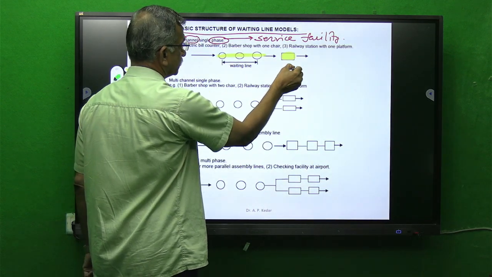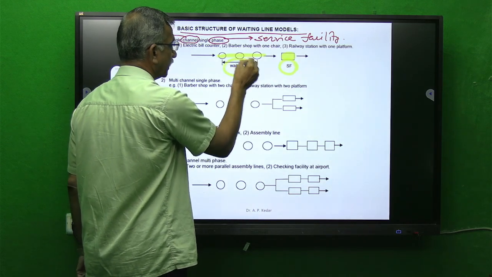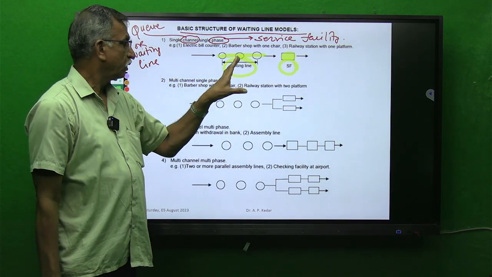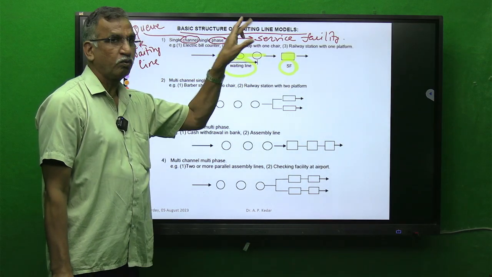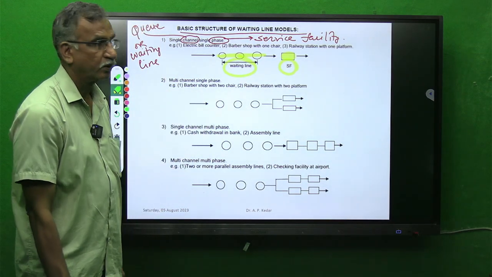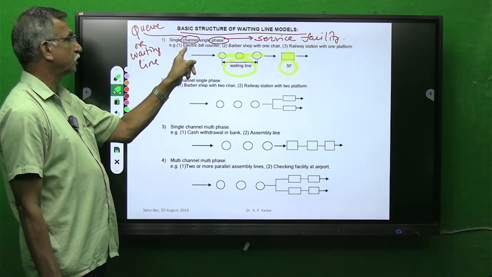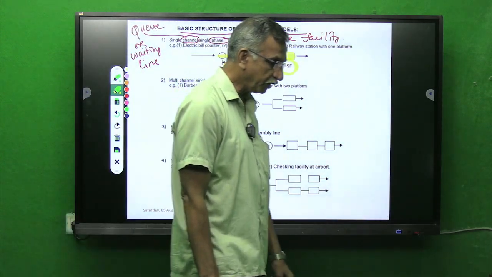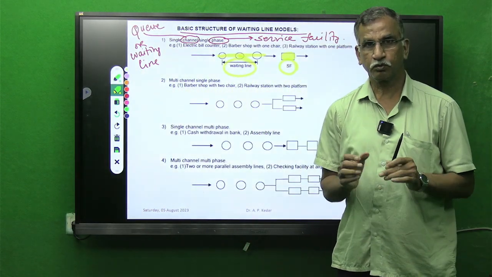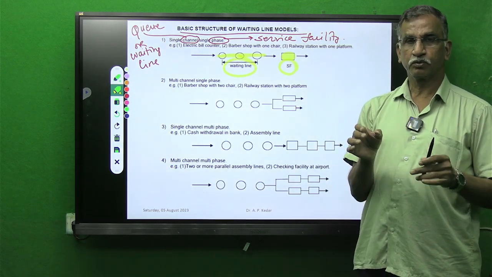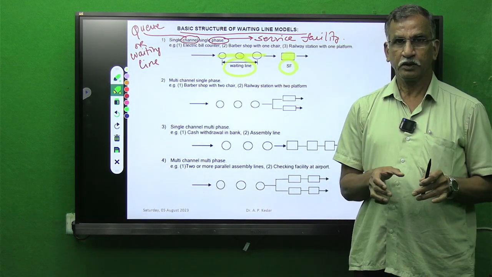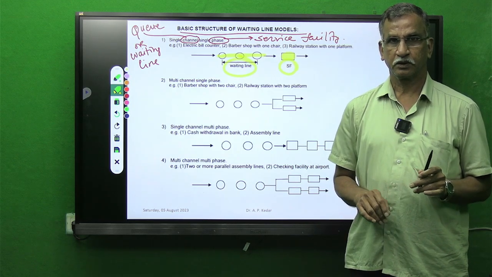I have written service facility, waiting line. One line, one service provider. For you, I have quoted the example here. Electric bill counter. When we are interested to pay an electric bill, we go to a government agency or private agency, and there is a person sitting.